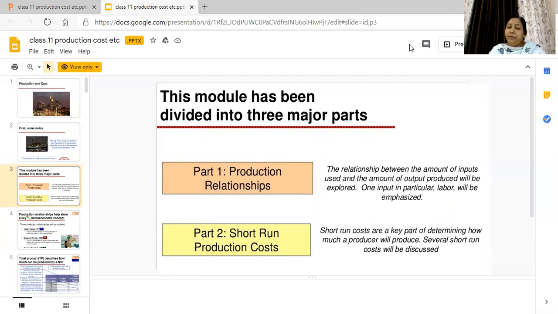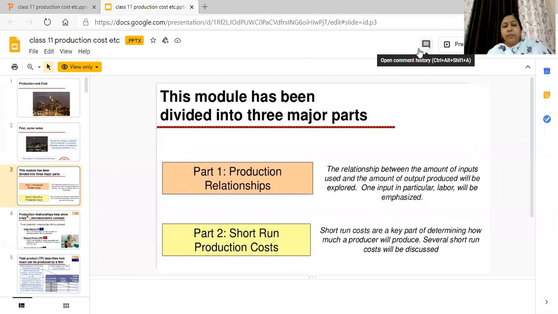The relationship between the amount of input used and the amount of output produced will be explored. One input in particular, labor, will be emphasized. And in the short run, costs are the key part of determining how much the producer will produce. Several short run costs will be discussed here in this chapter.